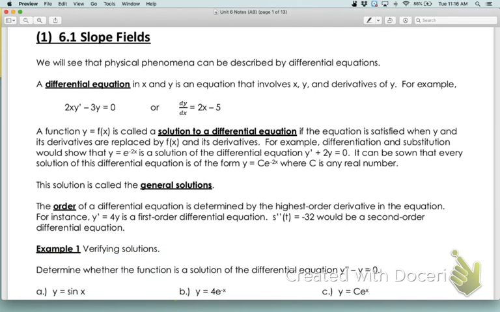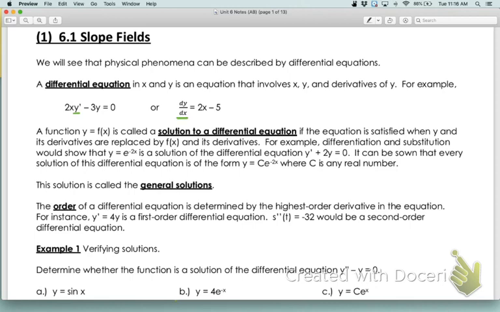A differential equation in x and y is going to be an equation that involves x's, y's, and derivatives of y. It could be the first derivative or the sixth derivative or whatever. Both of these are examples of differential equations. This is different from a regular equation. They're differential equations because not only do they contain x and y, but they contain derivatives.